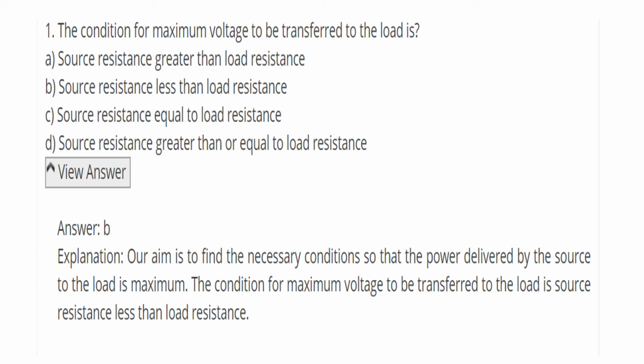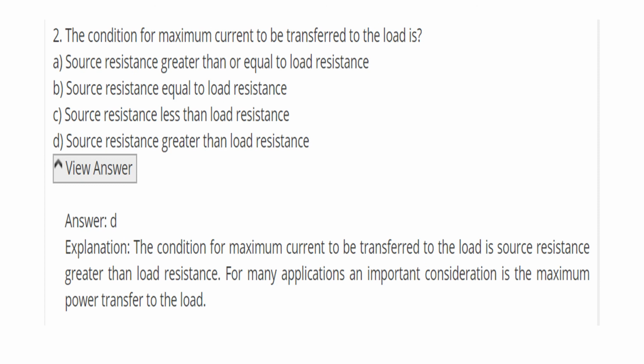The correct answer is B. Explanation: our aim is to find the necessary conditions so that the power delivered by the source to the load is maximum. The condition for maximum voltage to be transferred to the load is source resistance less than load resistance. So answer B is correct.